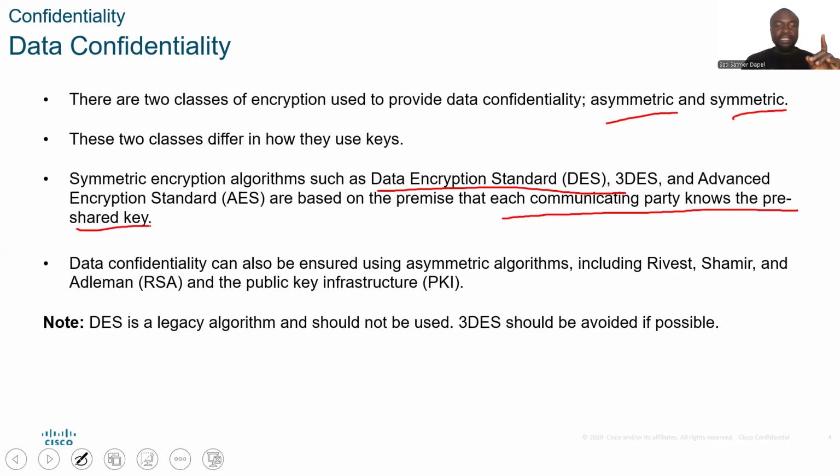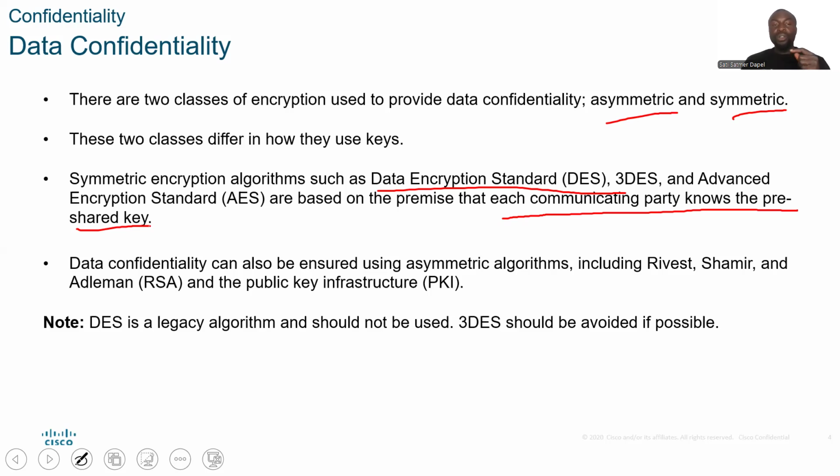Data confidentiality can also be ensured using asymmetric algorithms, including Rivest, Shamir, and Adleman (RSA), and the public key infrastructure.